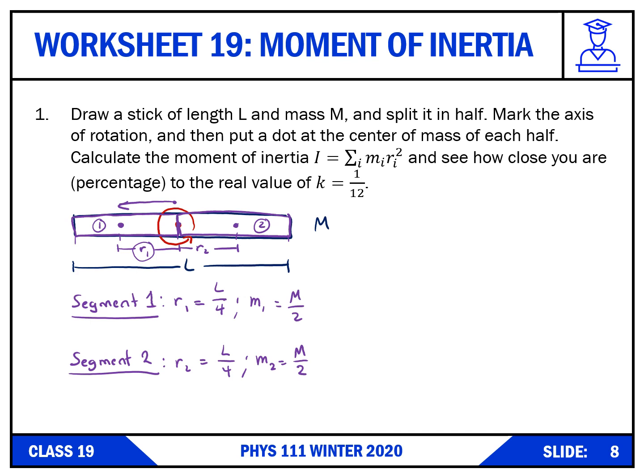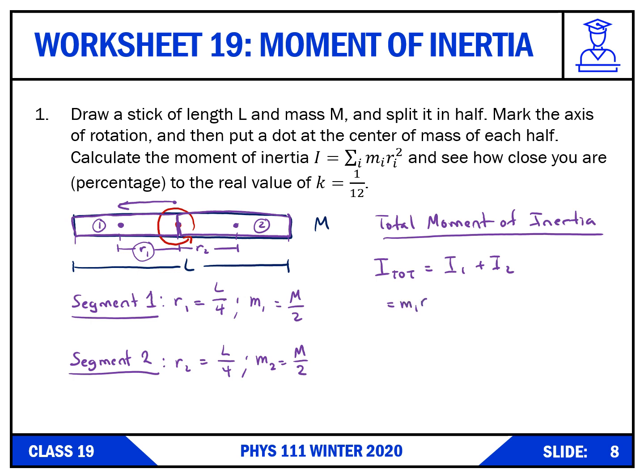So if I want to figure out the total inertia or total moment of inertia, it's going to be I total is equal to I1 plus I2, which is equal to M1 R1 squared plus M2 R2 squared. It's equal to M over 2 times L over 4 squared plus M over 2 times L over 4 squared.